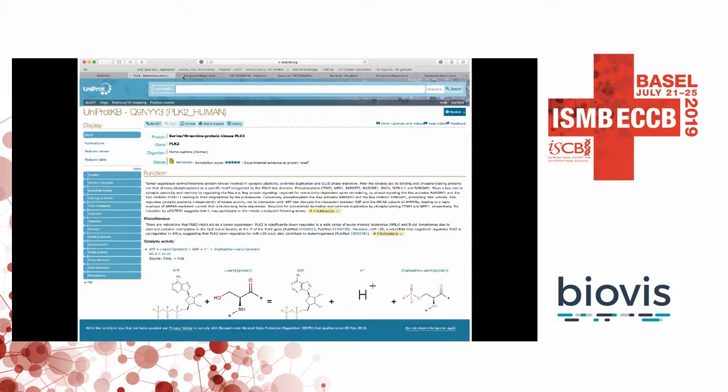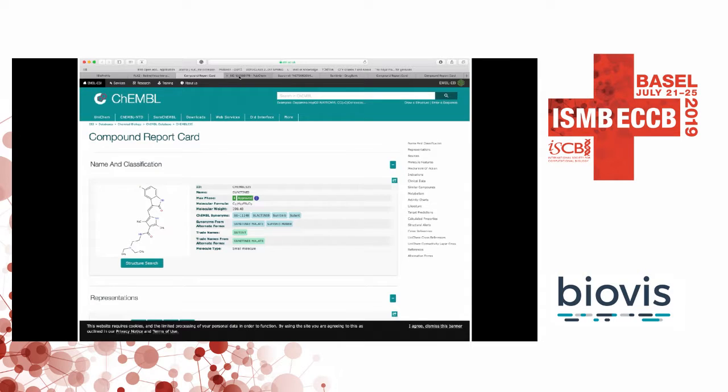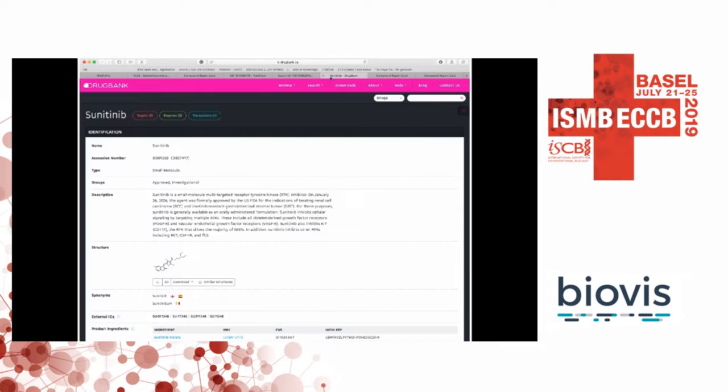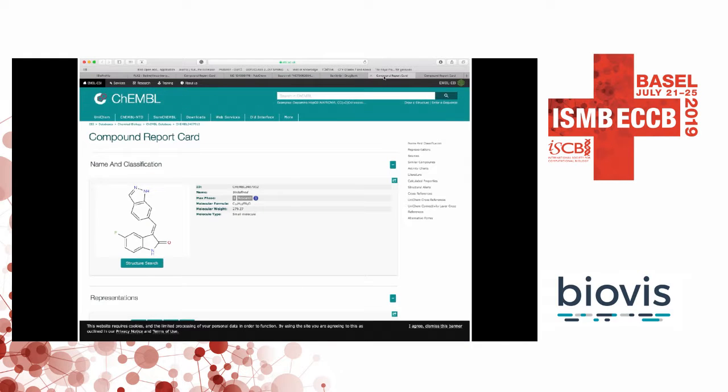And we can also see each spot here and their compound IDs, and we can directly go to those links, like the protein, PubChem, clinical trials, DrugBank, or ChEMBL.